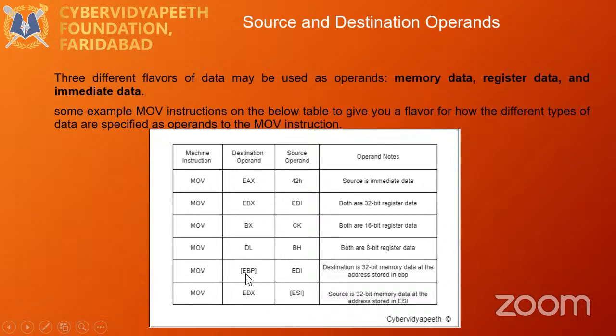If we put a bracket on ESI and then another one on EDX, you will be copying from a location in the memory to a location in the memory, which is not allowed on x86. I repeat, on x86 processors, memory to memory copy is not allowed. Okay, so other than that, all cases have been shown in this diagram.